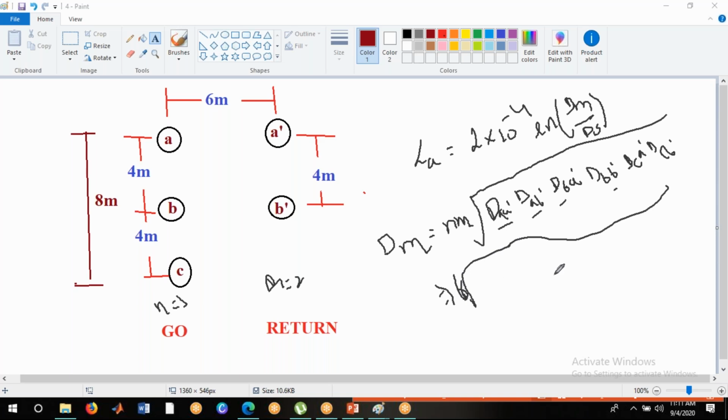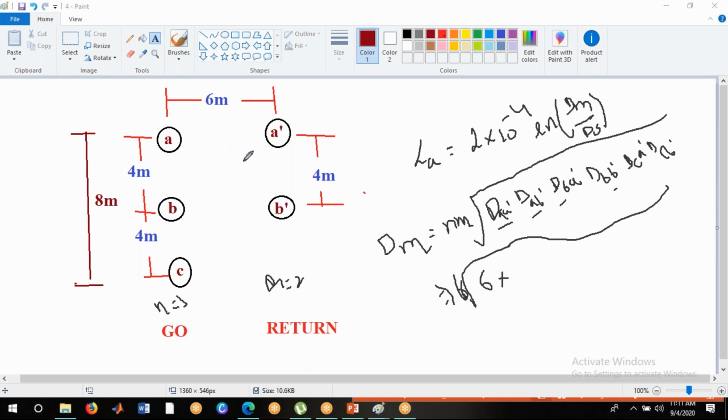Looking at the diagram, the distance between A and A dash is 6 meters. 6 into, next, what is the distance between A and B dash?